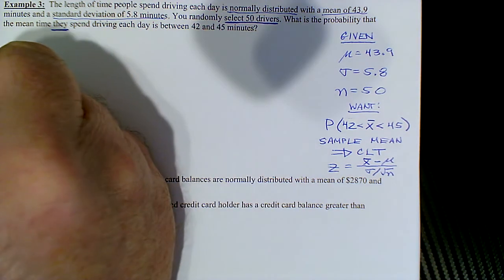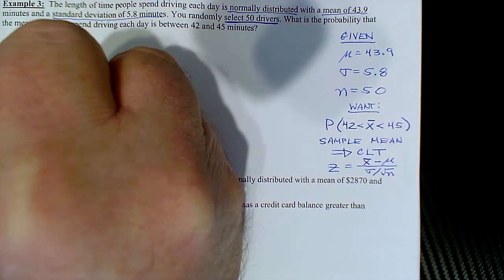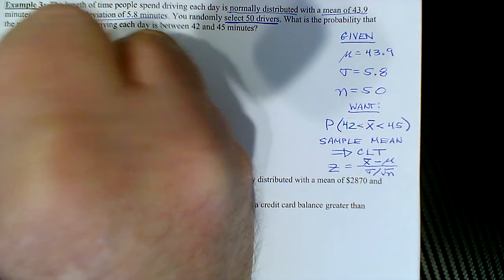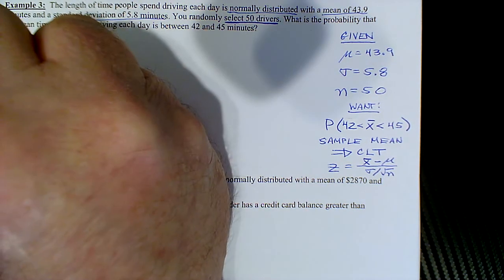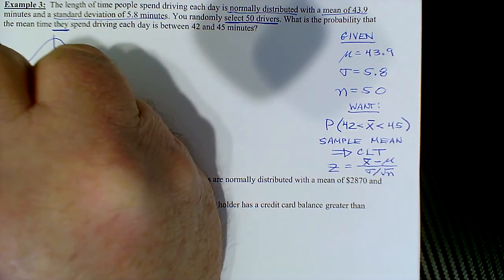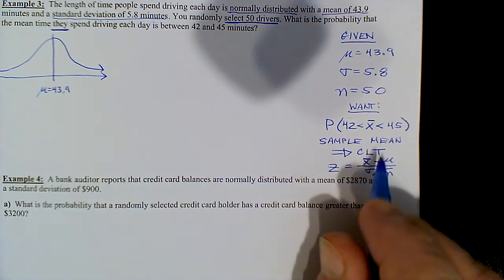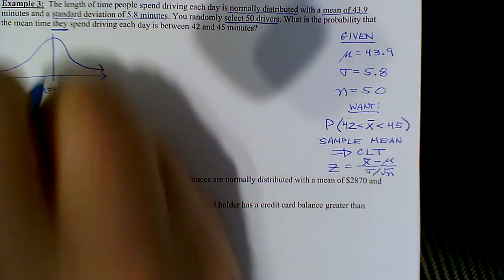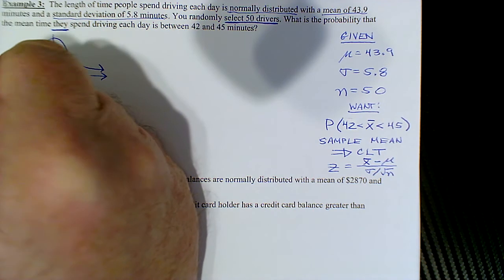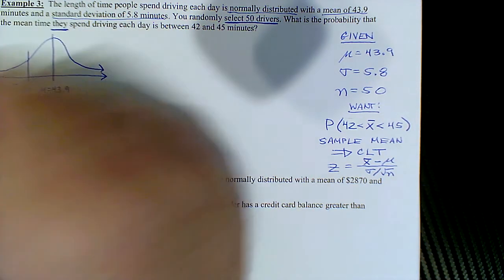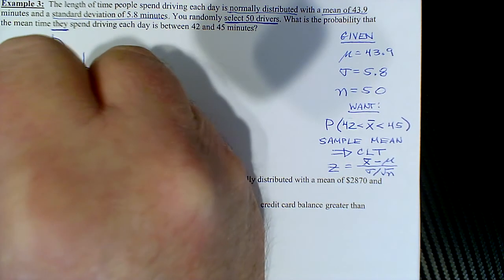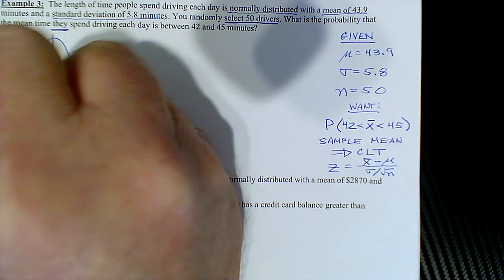Let's draw the distribution first. It's normally distributed. Mean goes down the middle, it was 43.9. We've got two critical values, 42 and 45. 42 somewhere to the left, that's x bar though. And 45 somewhere to the right, and again, it's x bar. We want everything between.